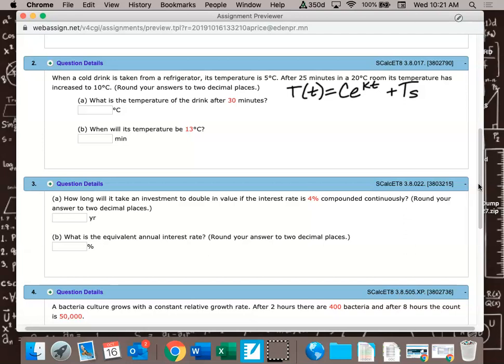The good news is we all have the exact same numbers to set up our model. When the cold drink is taken from the refrigerator, we call that time 0.